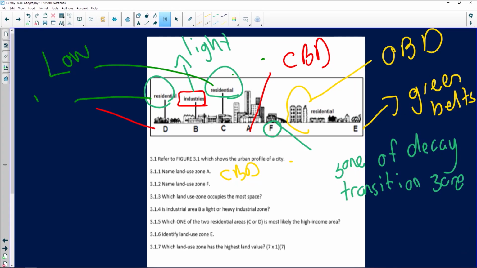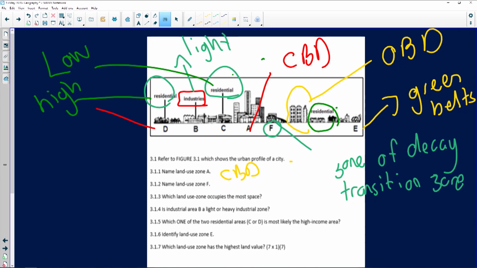Our high-income residential areas are usually furthest away because there are bigger stands and cheaper land than closer to the CBD. The most expensive land is still found in the CBD. That's the reason why the buildings move up instead of expanding outwards. And then we've got a residential area over there. I'm just going to call it middle-income residential areas.